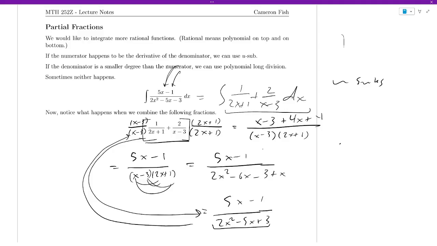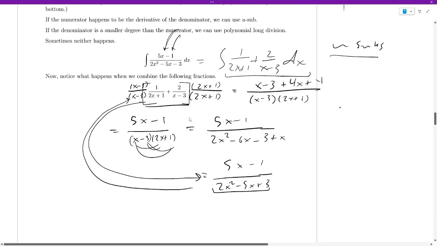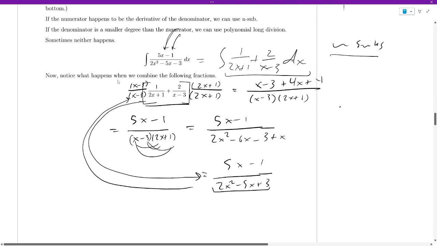And hopefully those fractions are easy to integrate. So going backwards from the combined complicated polynomial divided by polynomial to a sum of several fractions, this whole method is called partial fractions. I'm not sure what the partial means exactly, but that's what it's called.